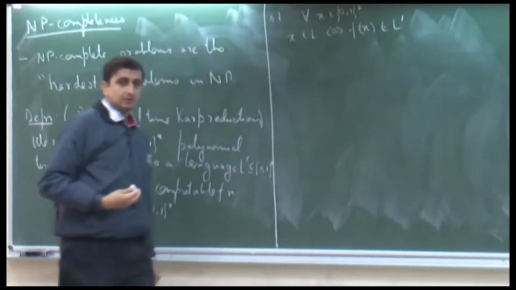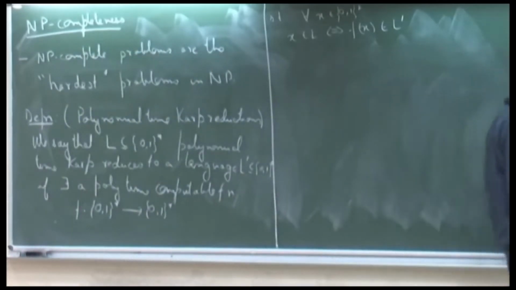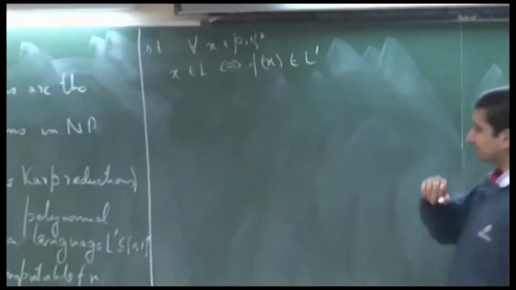So f is mapping the yes instances of the language L to the yes instances of the language L prime, and the no instances of language L to the no instances of language L prime.